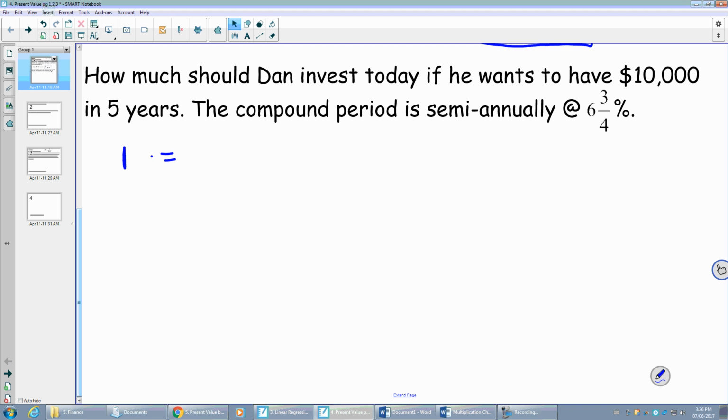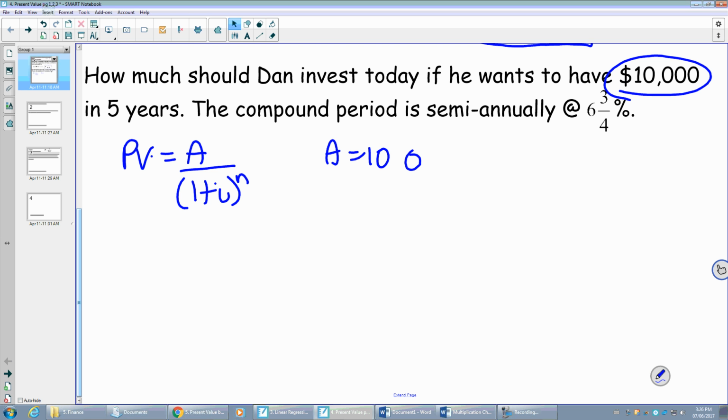PV equals A over (1 plus i) to the exponent of n. Okay, so if I look at this, my present value, I don't know. My amount at the end, he wants to have 10,000 at the end, so my A is equal to 10,000.